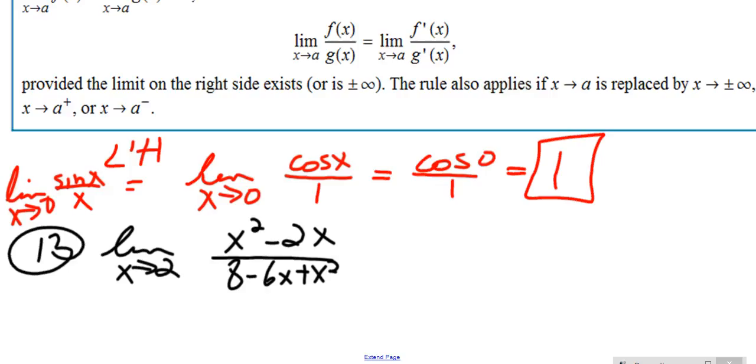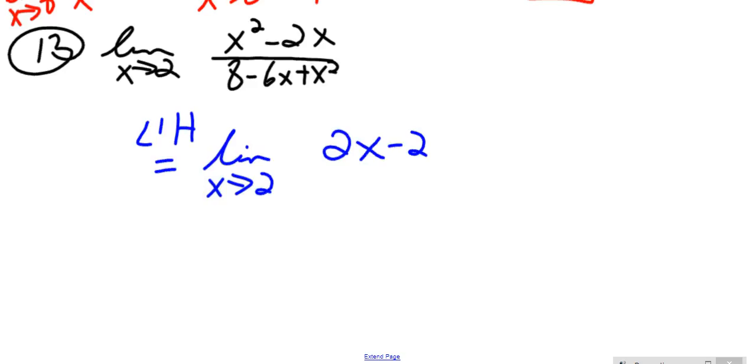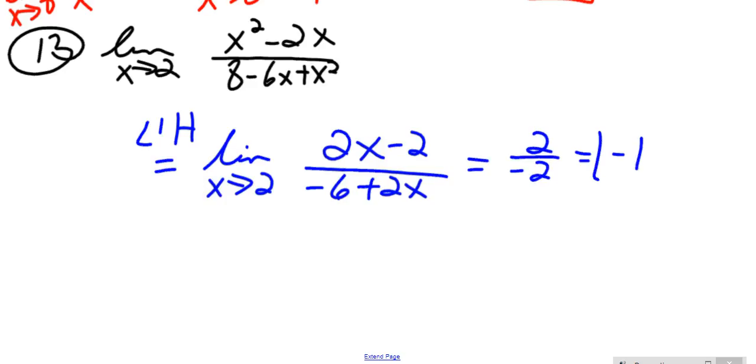But if I do apply L'Hopital's rule, where I take just the derivative of the numerator, which would be 2x minus 2, over the derivative of the denominator, which would be negative 6 plus 2x, and then do direct substitution, I would get 2 over negative 2, or negative 1, as its limit. So as x approached 2, there did exist a limit for this problem.